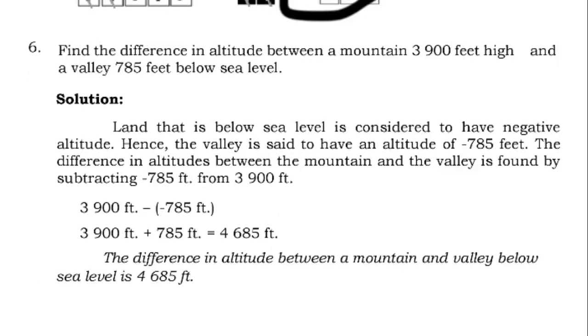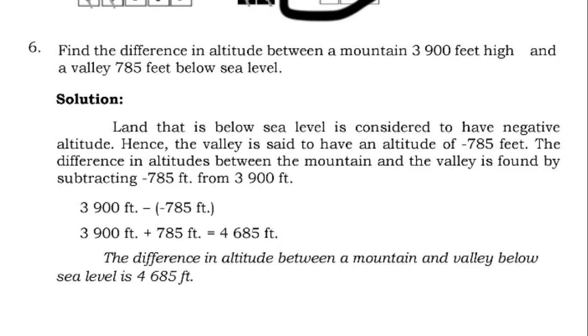Then number 6, find the difference in altitude between a mountain 3,900 feet high and a valley 785 feet below sea level. So for the solution, land that is below sea level is considered to have negative altitude.